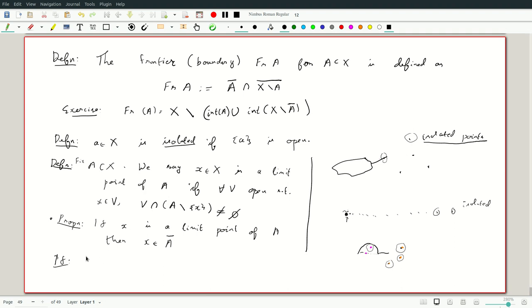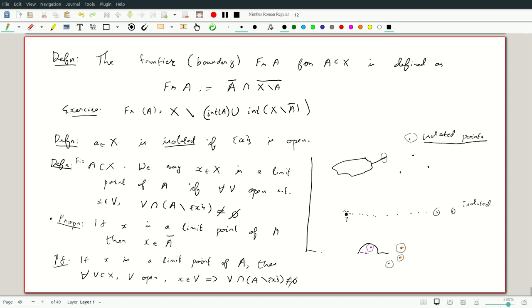So I can as well write it down. If x is a limit point of A, then for all V open in X, if little x is in V, it implies that V intersection A minus x is non-empty.